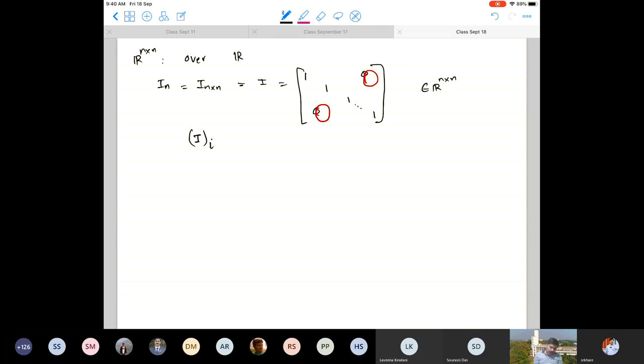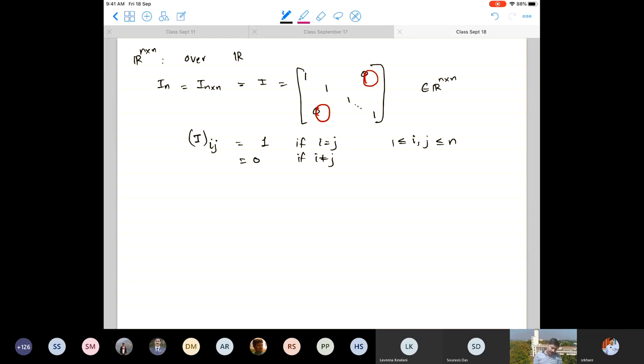So the ijth entry is 1 if i is equal to j, and is equal to 0 if i is not equal to j, and 1 less than or equal to i and j less than or equal to n. That's how I define it without writing the list. This is the formula for the ijth entry. So this is the identity matrix, a very important matrix. This matrix will play a very crucial role.